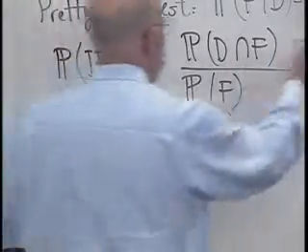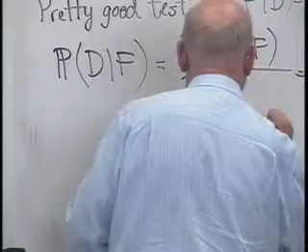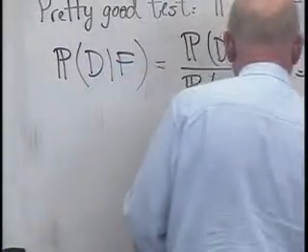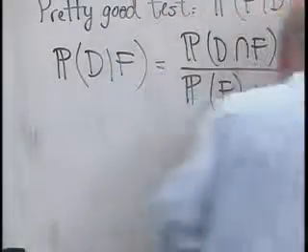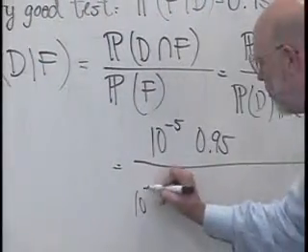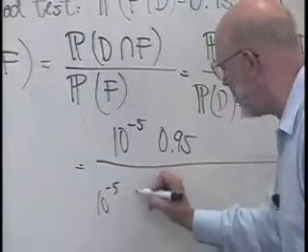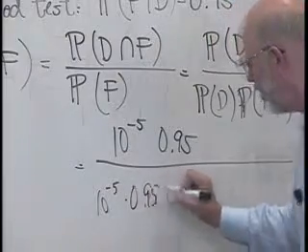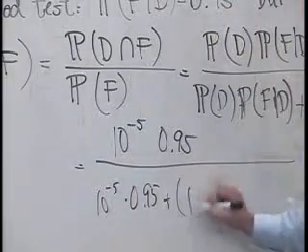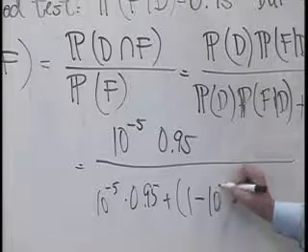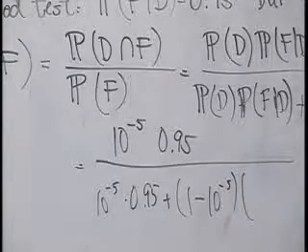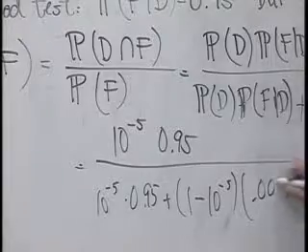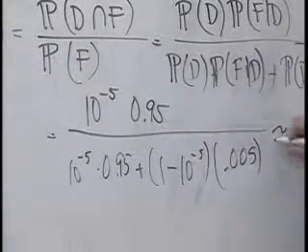So in the numerator, we have 10 to the minus 5, the probability that you've got the disease, multiplied by 0.95 for the test coming up positive. And in the denominator, we've got the same thing, plus the probability that you don't have the disease, 1 minus 10 to the minus 5, multiplied by 0.005.